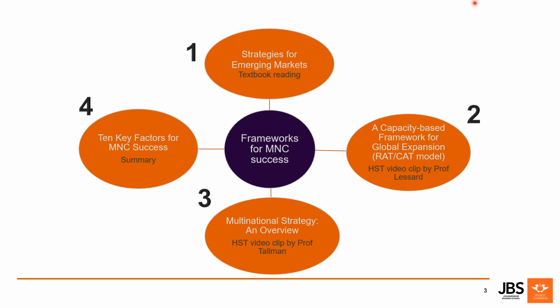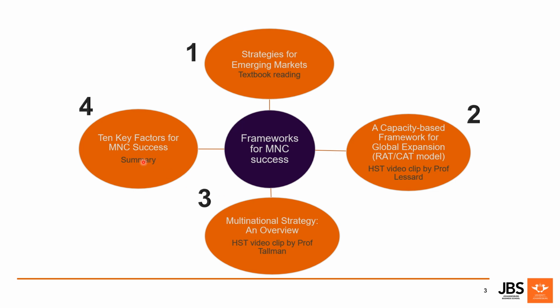So the syndicate assignment covers both content areas 1 and 2. Firstly, because we're looking at South African companies, we'll cover the strategies for emerging markets, and secondly, the application of the RAT and CAT model to the South African context.